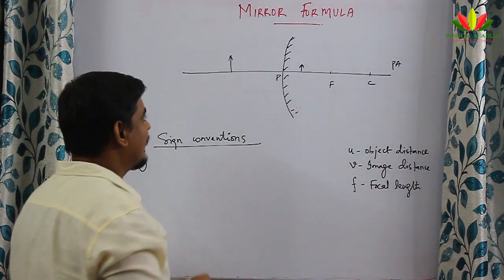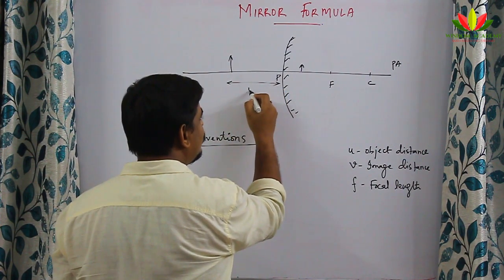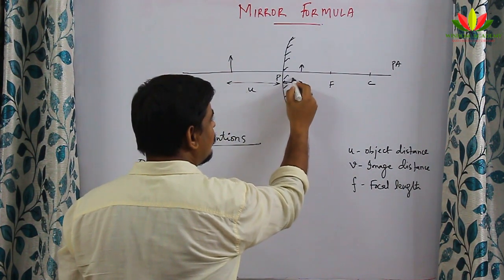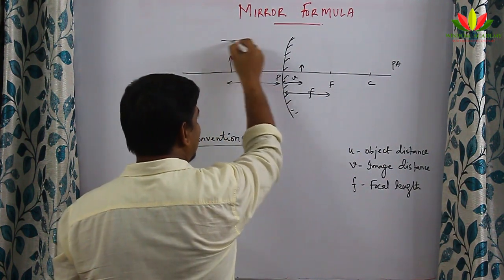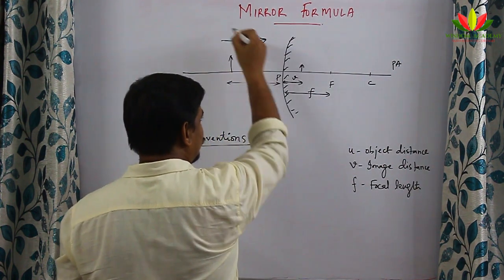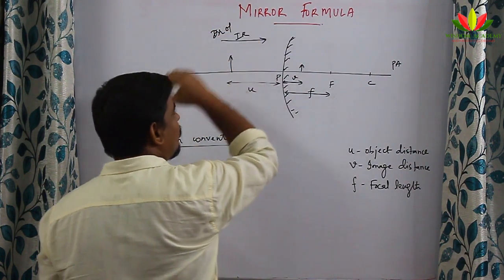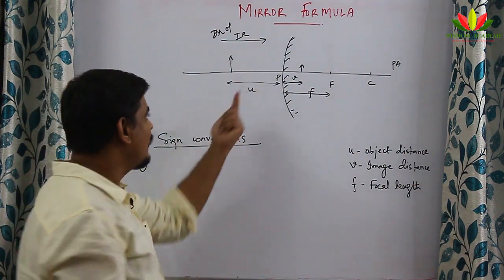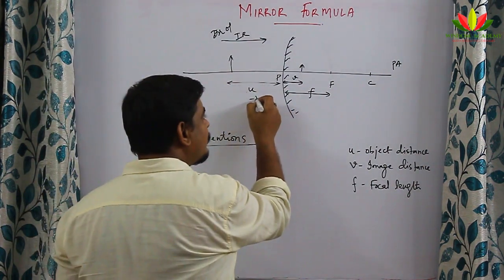So see here, the distance of the object from the pole is somewhere like this, U, this is V and this is F. This is the direction of the incident ray, isn't it? Because the ray goes like this. Now what about the sign convention? See, U is measured against the direction of the incident ray, so U will be negative.